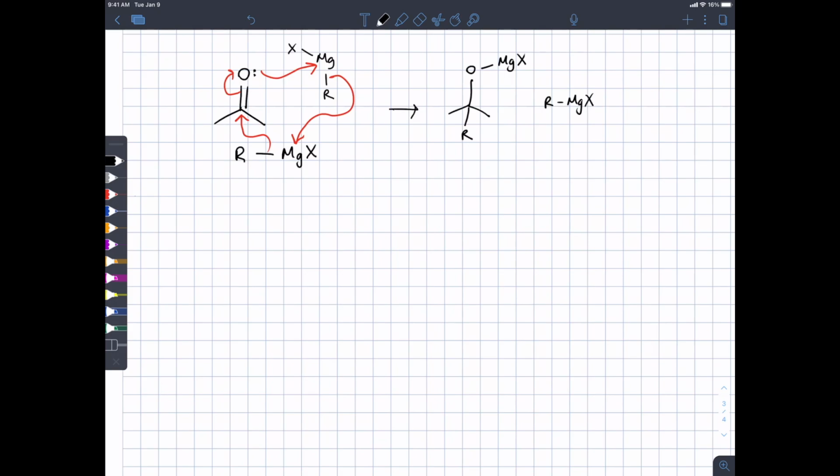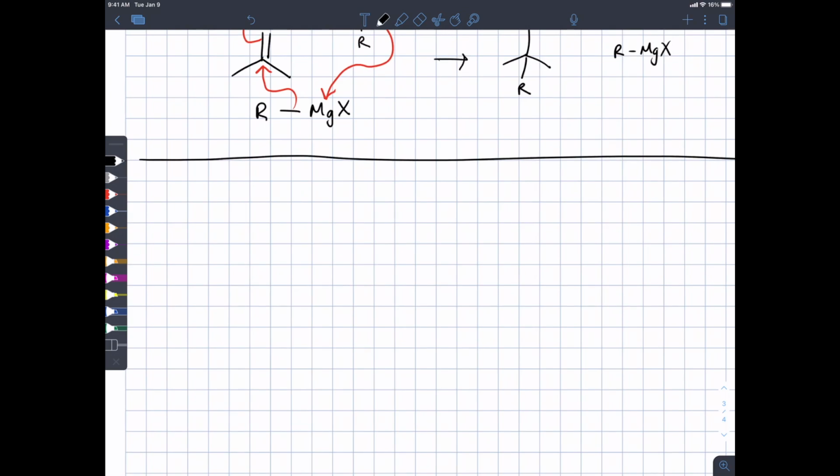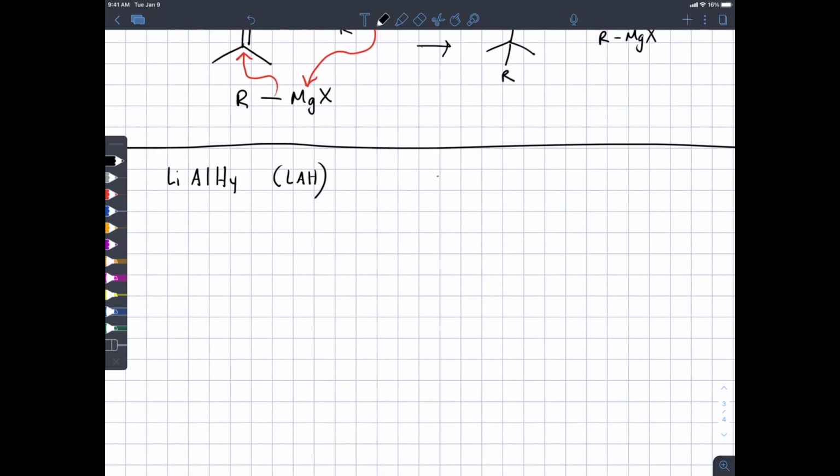Another common carbonyl chemistry thing that you will see is lithium aluminum hydride reduction, or LiAlH4. In order to use lithium aluminum hydride, you need basically ether solvents.